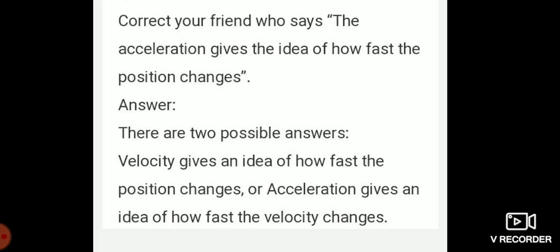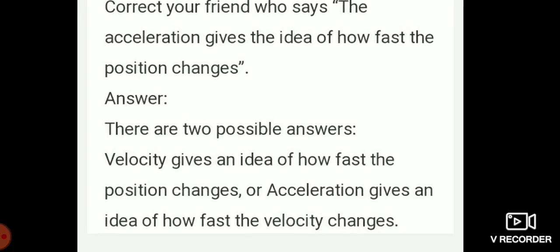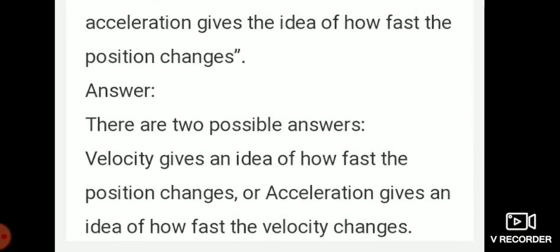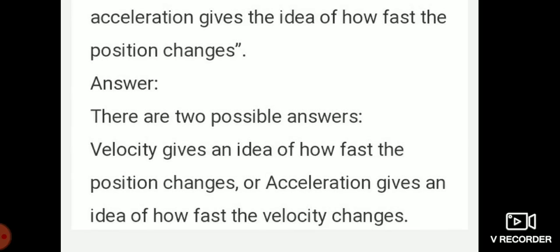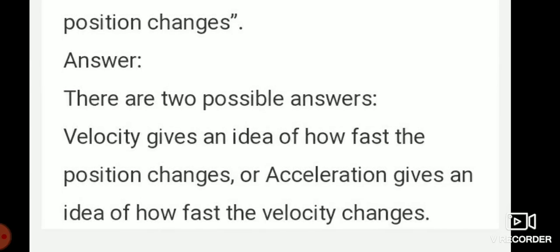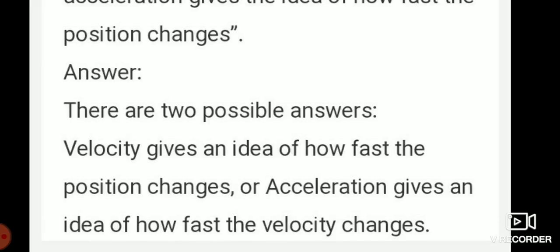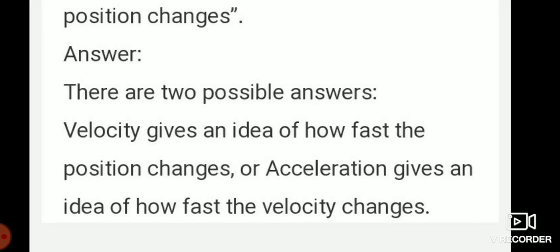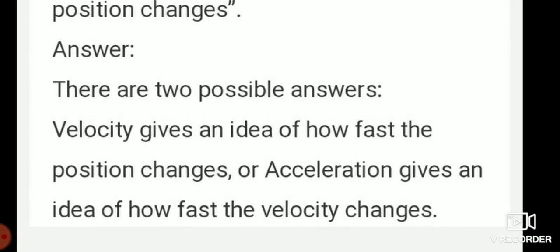There are two possible answers. Velocity gives an idea of how fast the position changes, or acceleration gives an idea of how fast the velocity changes.